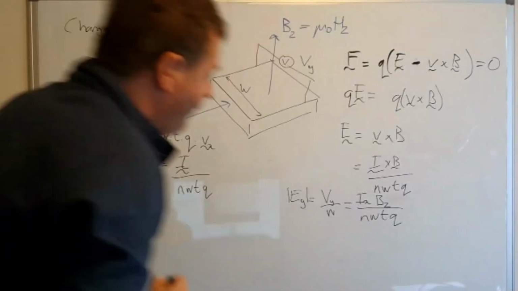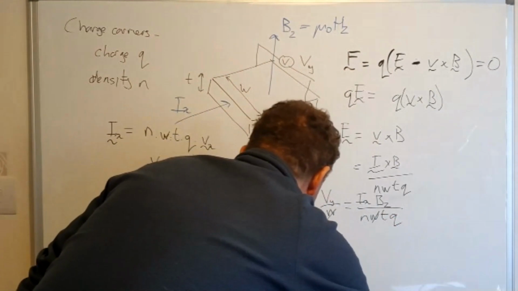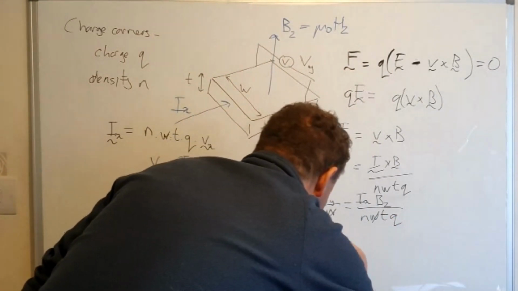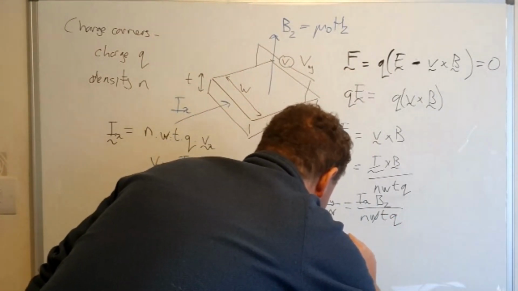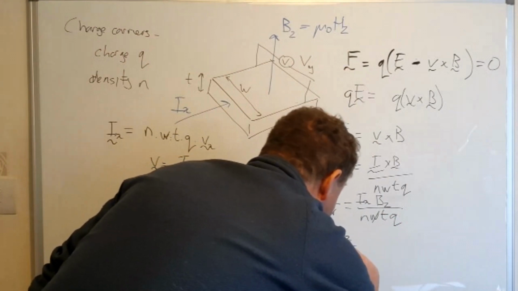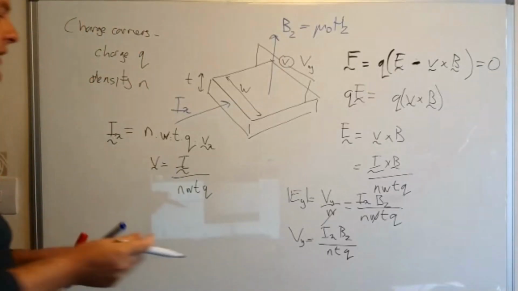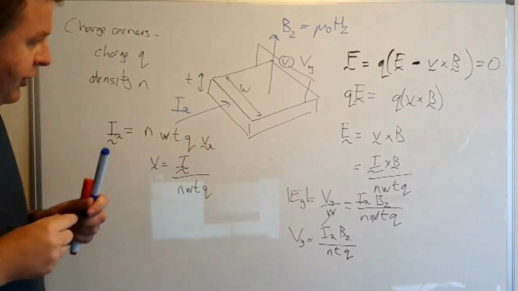And now we find that we can cancel out W. Ix Bz over Nt Q. Okay, so this is then the Hall voltage of our sensor.